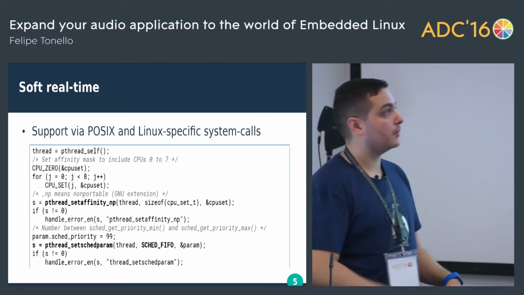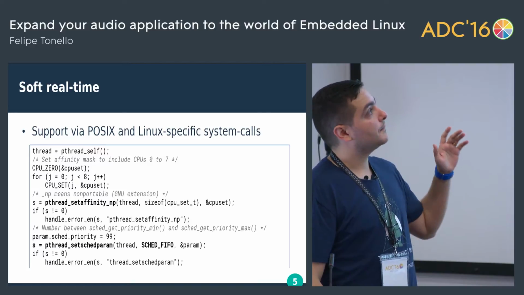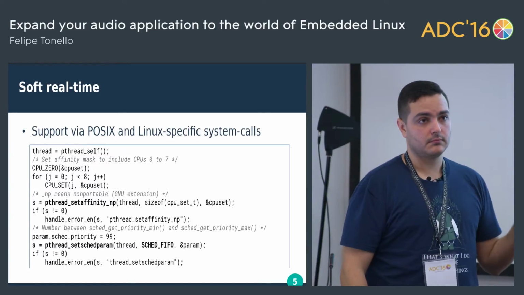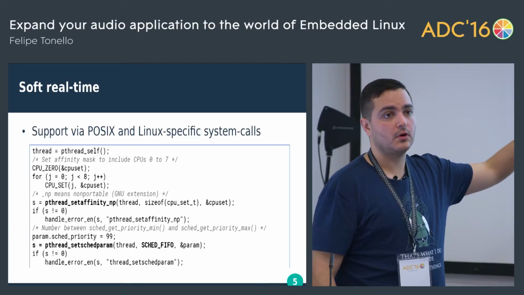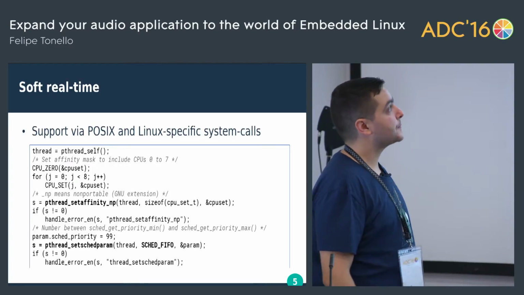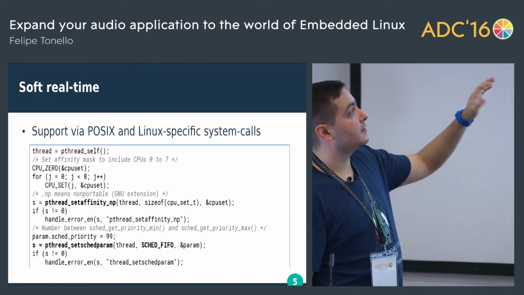So here's one example, just pure Linux, what we call vanilla Linux. It supports soft real time, right? And this is just a normal system call type of code. So you can do things like set the affinity.